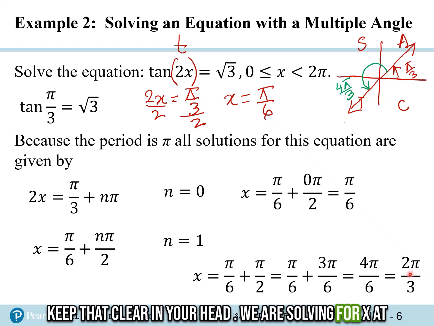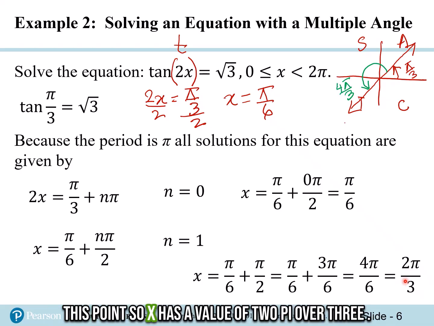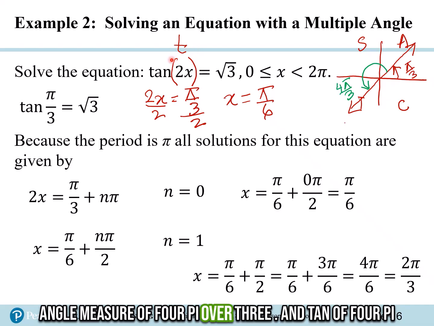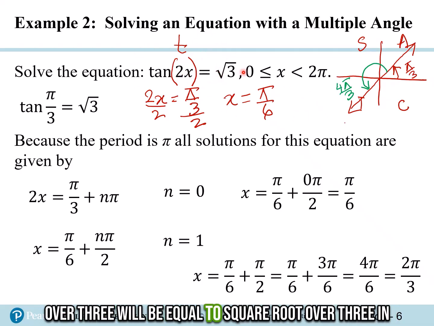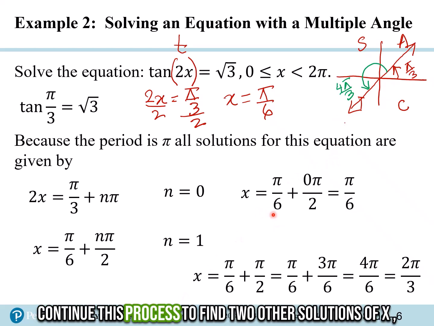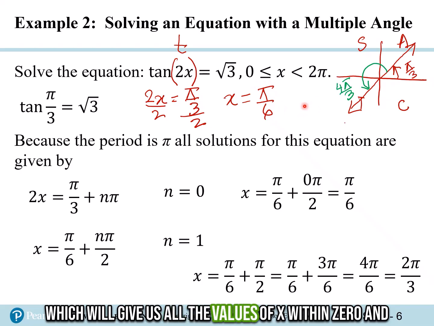We are solving for x at this point. X has a value of 2 pi over 3. However, 2 pi over 3 times 2 will give us an angle measure of 4 pi over 3. And tan of 4 pi over 3 will be equal to square root of 3 in the third quadrant. So in the next slide, we will continue this process to find two other solutions of x, which will give us all the values of x within 0 and 2 pi.